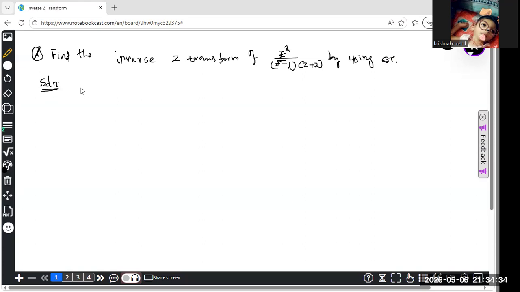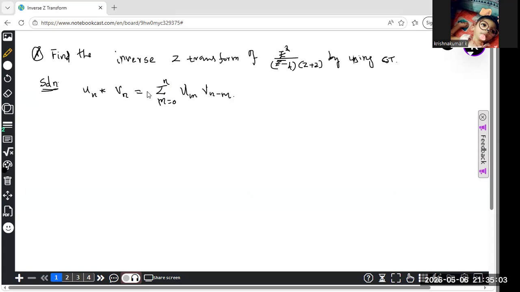So here first I want to recall the definition of convolution. Here un star vn, the star means the convolution of two functions. So un and vn are two functions. The convolution of these two functions is defined as summation m equal to 0 to n of um into v n minus m.